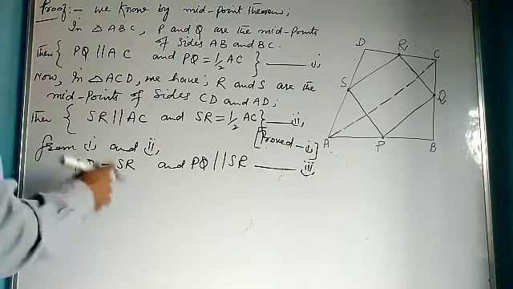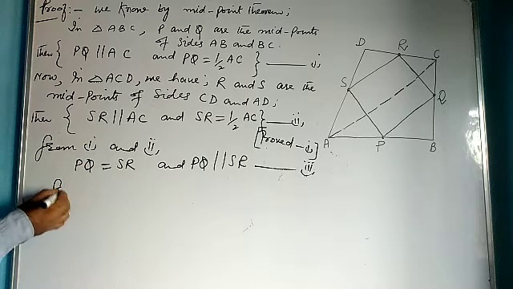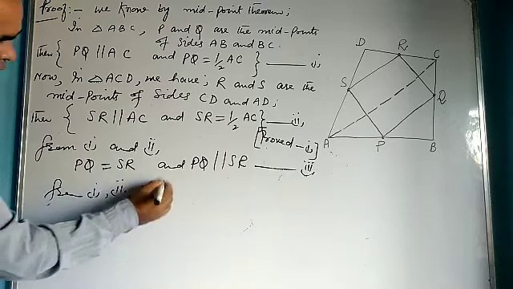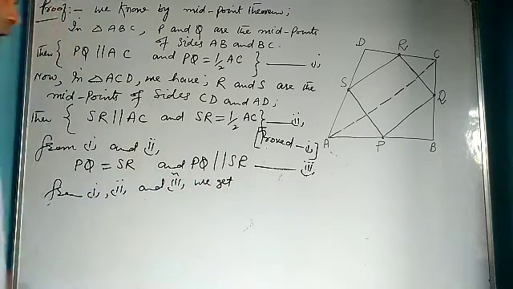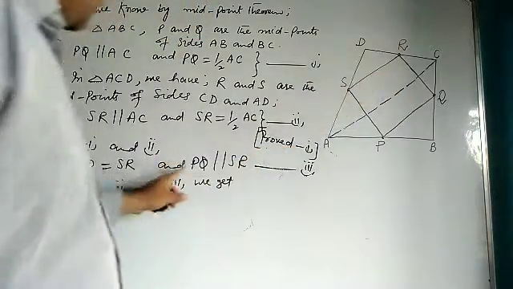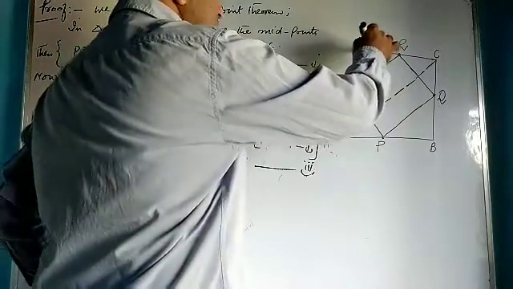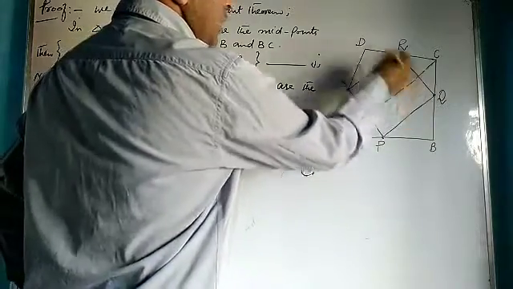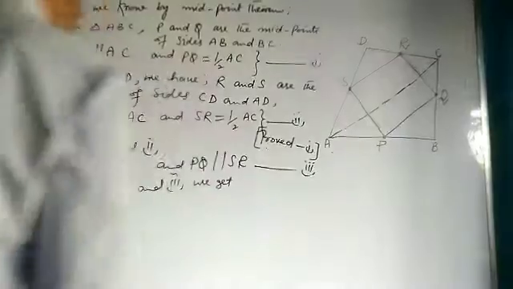So from first, second and third, we get PQ is equal to SR and PQ is parallel to SR. Again, when we join the diagonal, we get PS is parallel to QR and PS is equal to QR.